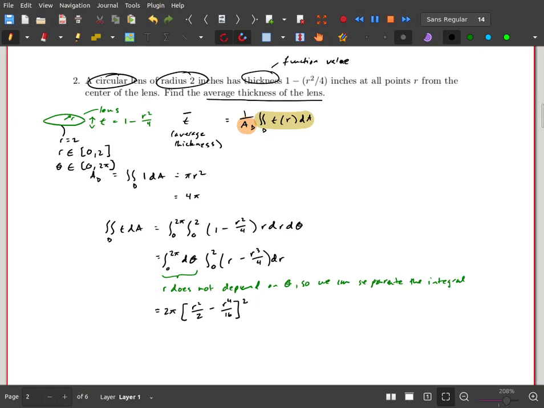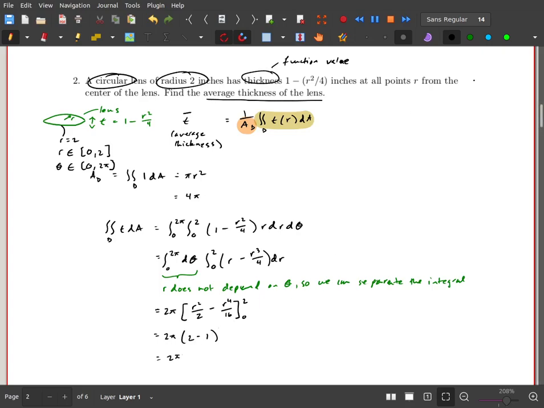And we are going to evaluate that from 0 to 2, which will then give us 2 pi times 2 squared. We can ignore the 0 because everything will be 0. So 2 squared over 2 is 2, minus r to the 4 is 16 over 16, so that's 1. So that will give us 2 pi.